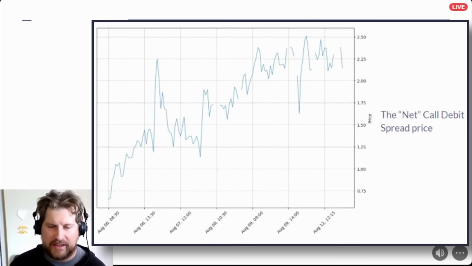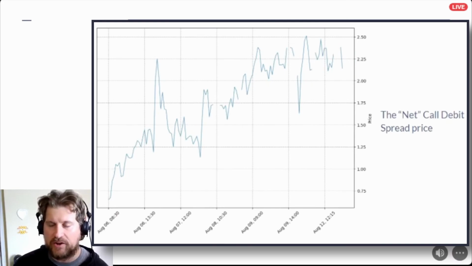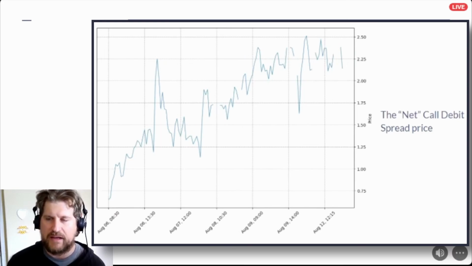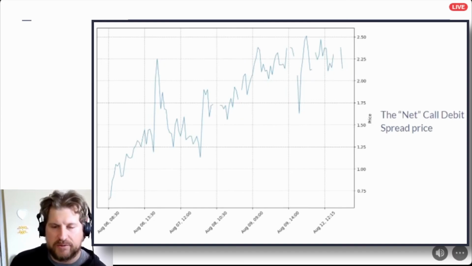And I say that with a caveat, because as you get closer to expiration, if the long call is in the money and the short call is out of the money, then you'll notice some really interesting and potentially valuable effects, because the out of the money call will be decaying really rapidly, whereas the in the money call is also decaying.